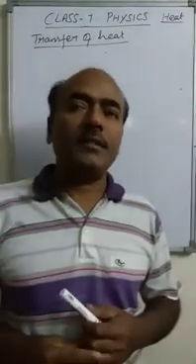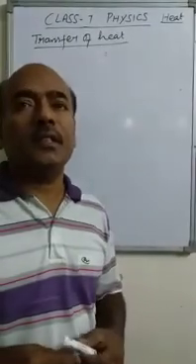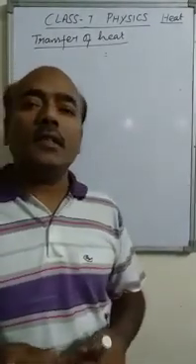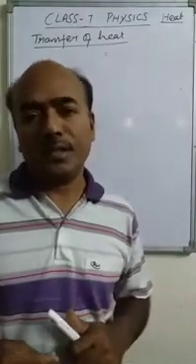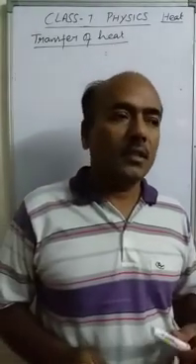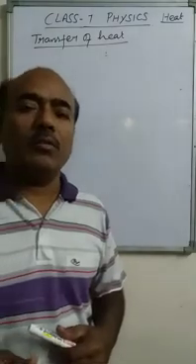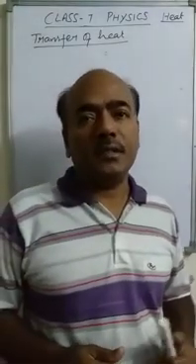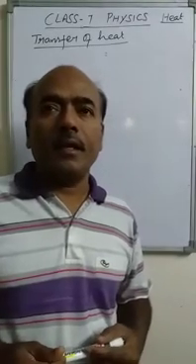In most of the activities related to temperature, we see that heat is transferred from one place to another place. For example, during this season, we find the temperature of the surroundings increases.